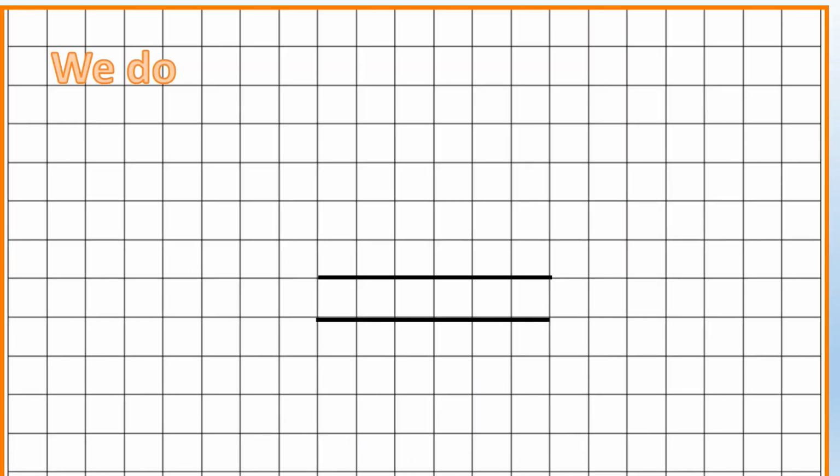Okay, we're going to do another problem now. I'm going to set the problem out for you. Then you can pause the video and have some time to see if you can work it out. So have a pen and paper ready, and then I'll go through the answers with you. So let's set the problem out for you.